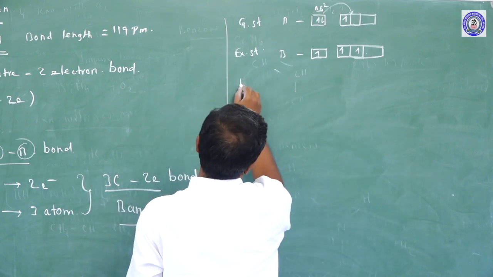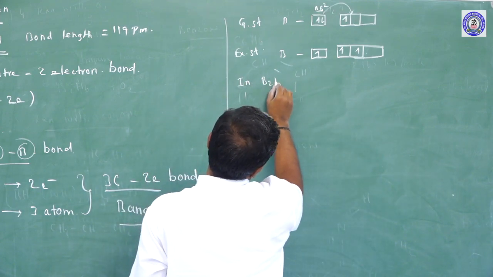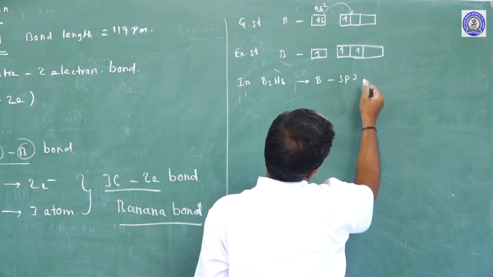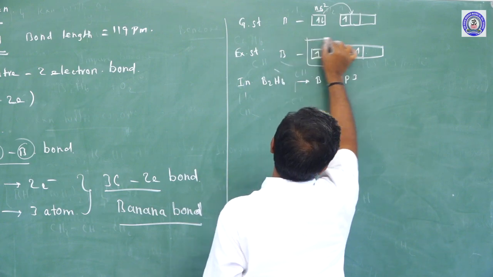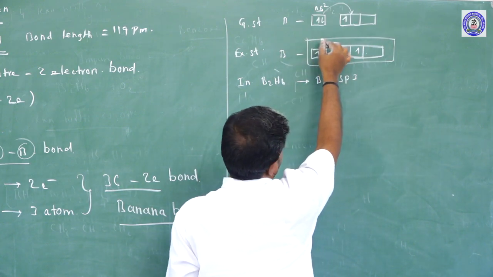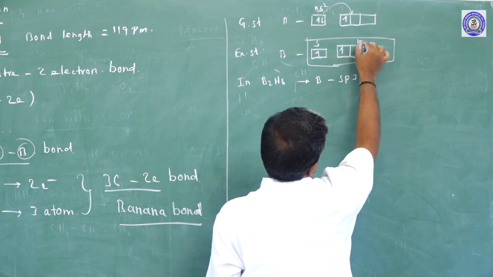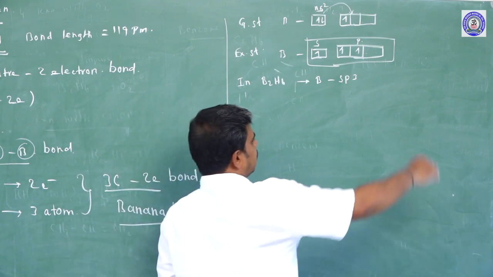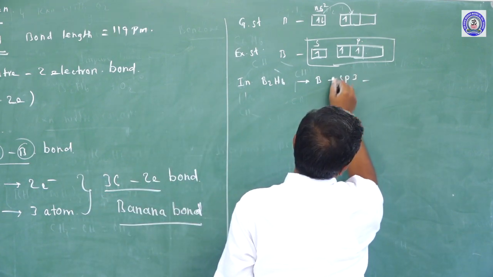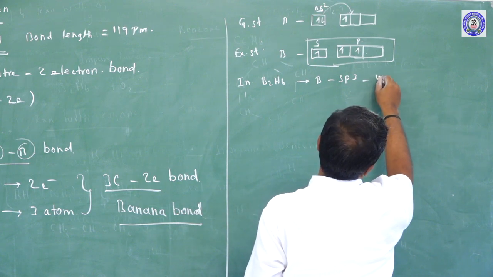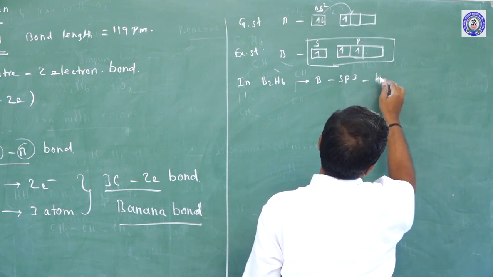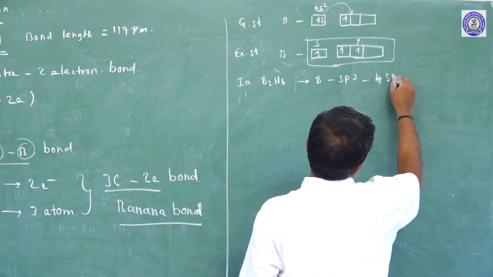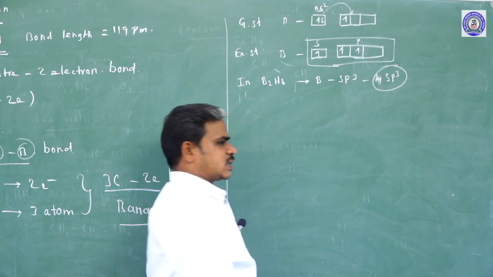Now in B2H6, boron has sp3 hybridization. What is that? Here the 1 s orbital and 3 p orbitals undergo hybridization and form sp3 hybridized orbitals, that is, 4 sp3 hybridized orbitals are formed.